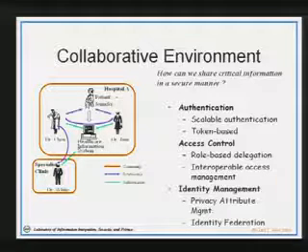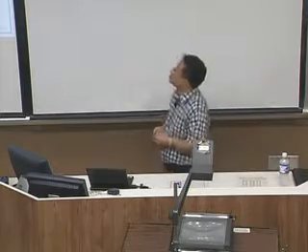So in this collaborative environment, we look at role-based delegation, and also we are trying to provide interoperable access management, because we have various communities. We may have different organizations, and the different organizations might have different policies and different enforcement mechanisms. Then how can we support our access control model for the various organizations? So we have to have an interoperable access control management scheme.